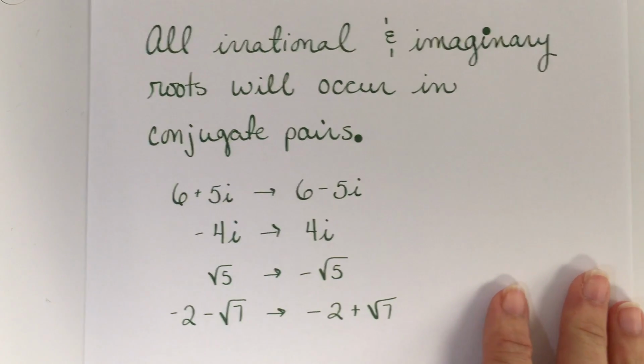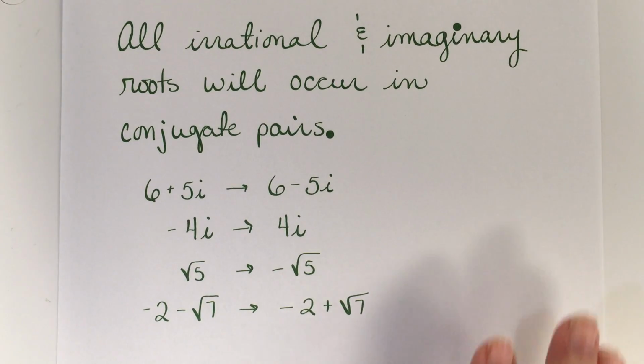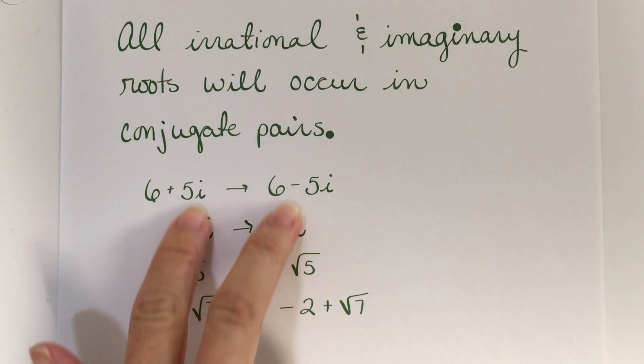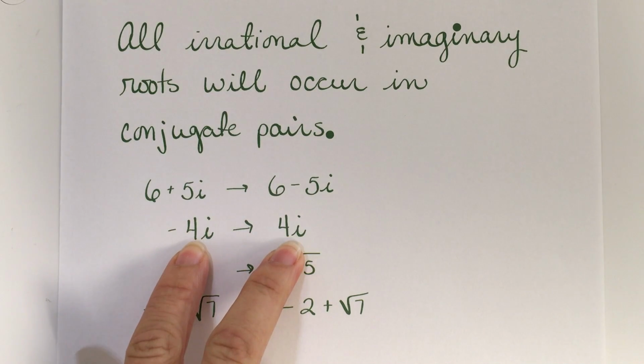All right, here is a concept about your roots that you need to be aware of. I've been talking about rational roots, so what I'm about to explain applies to irrational roots and imaginary roots. Of course, we've talked about imaginary numbers already, and these first 2 examples here would represent imaginary numbers.